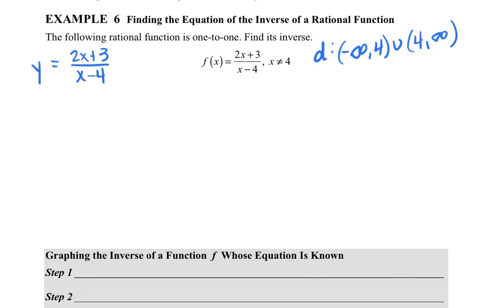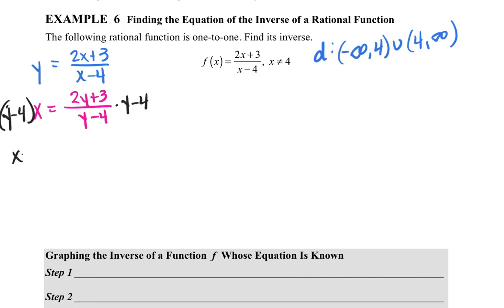So now I'm going to switch my x and my y. So now x equals (2y plus 3) over (y minus 4). And now I'm going to solve for y. So I'm going to have to multiply both sides by y minus 4.